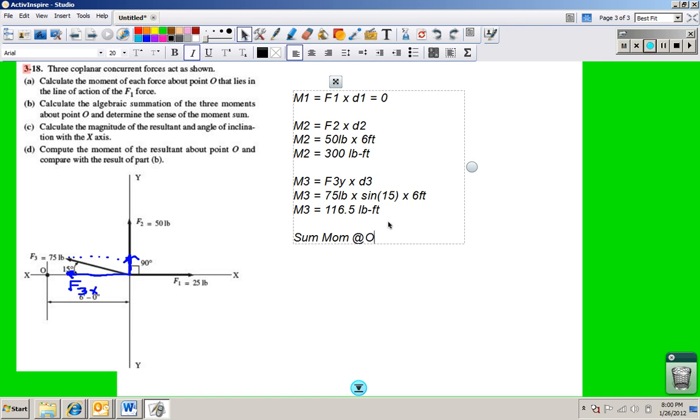Alright, so now if we do the sum of the moments at O, it is equal to 0 plus 300 plus 116.5, which is equal to 416.5 pound-feet.